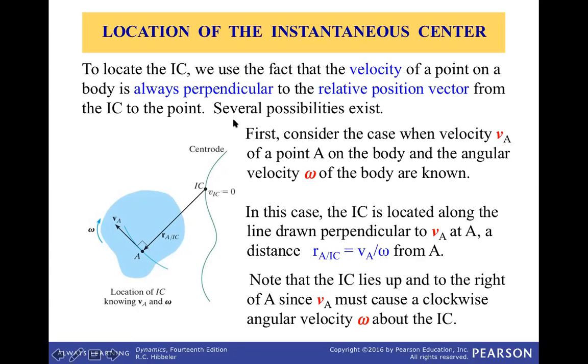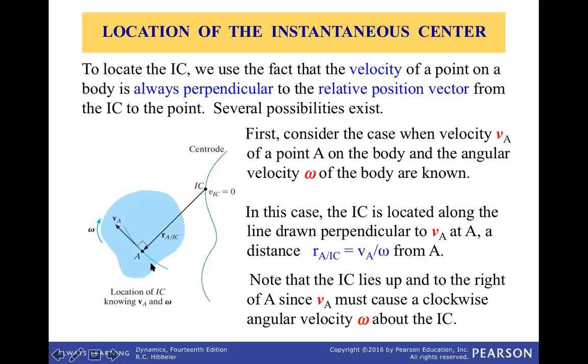That means the position vector is perpendicular to the velocity, because the body is rotating about the IC point. This point has zero velocity, so it is the rotational axis. If you draw the position vector, the velocity should be perpendicular to it. So these two should always be perpendicular to each other.